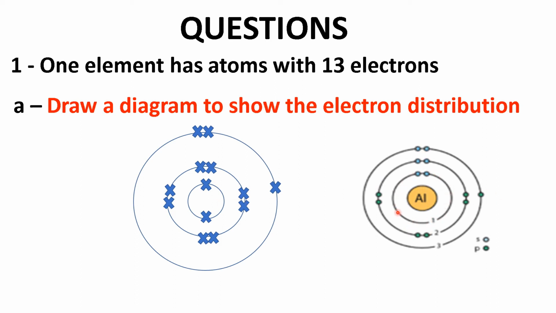In the first shell 2 electrons, in the second shell 8 electrons, and the remaining in the third shell, the outer shell, which is called valency electrons. According to the rule, we fill the first shell with 2 electrons, the second shell with 8 electrons, and the remaining, after 2 plus 8 equal 10 from 13, is 3 electrons in the outer shell.